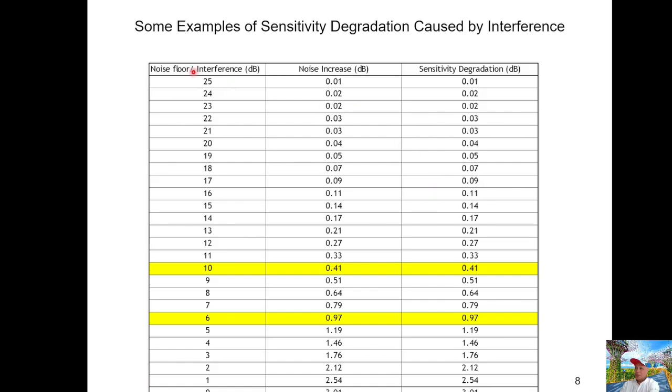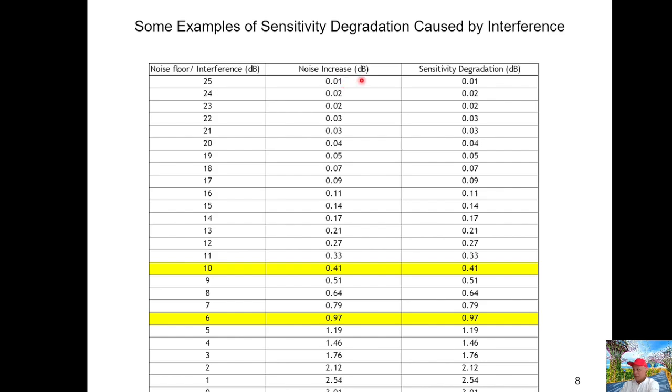So here we have some calculation examples, for example the noise floor compared to the interference. For the first one, if the interference is 25 dB lower than the noise floor, which means the red line is much lower than the noise floor, the total noise will rise by 0.01 dB.